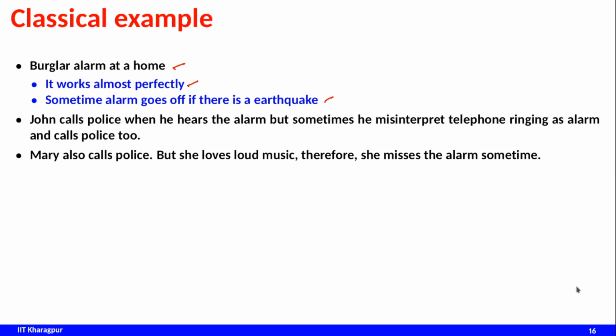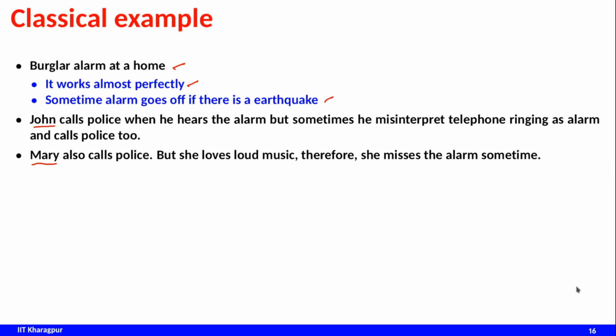One is John. John can call police when he hears the alarm, but sometimes he misinterprets telephone ringing as alarm and calls police too. The other neighbor Mary also calls police, but she loves loud music, therefore she misses the alarm sometimes.